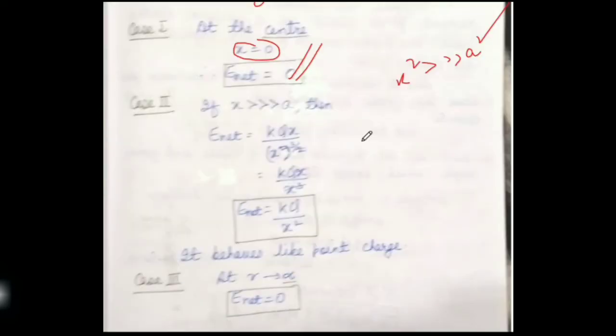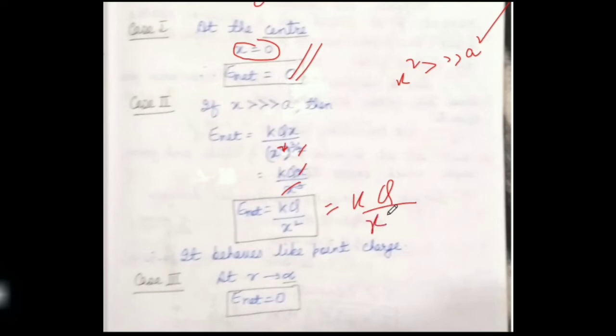Now for x greater than a, when x is very much larger than a, it means x square is greater than a square, so a square can be neglected. If you neglect this a square, then what is left? x square to the power 3 by 2 is left. This 2 and 2 cancel, x cube is left: K Q x by x cube, one x cancels. Then the final answer becomes K Q by x square, right?